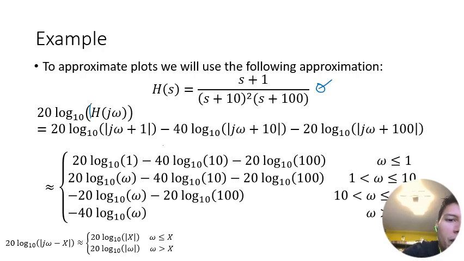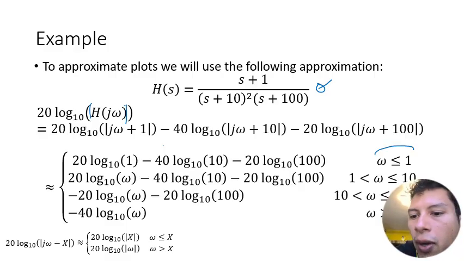So we first have to evaluate it at H of j omega, and once we evaluate it at H of j omega, we need to plot it. So we're going to divide our expression into multiple expressions, and we're going to make our approximation.